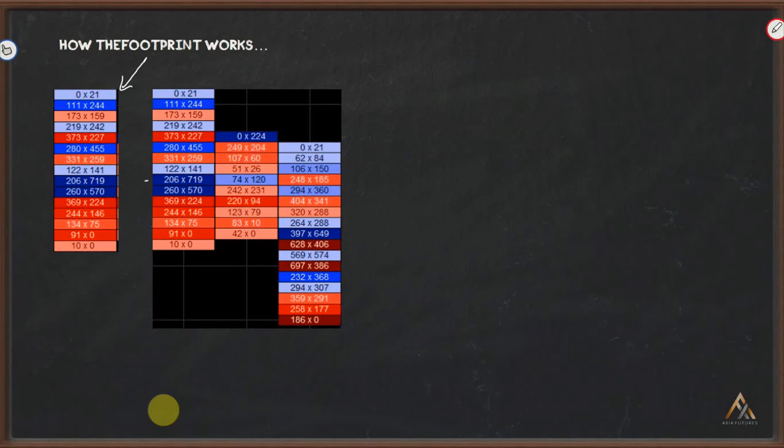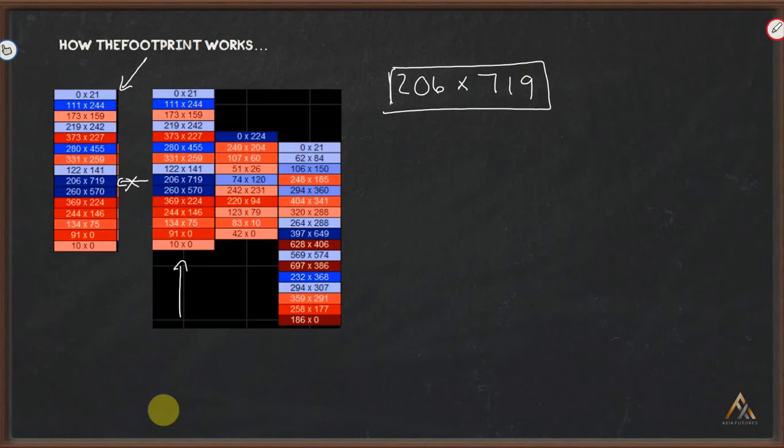I'm going to start on this line here that represents 206 times 719. These two numbers are effectively the buying and selling interaction that has occurred at this price point over a given rotation. Every one of these, as we can see in example number 2, is what we call a rotation.